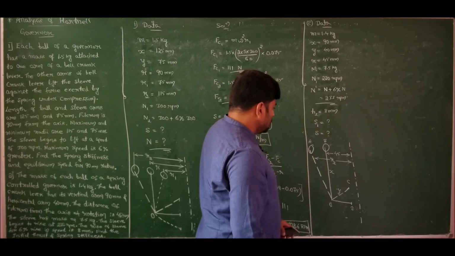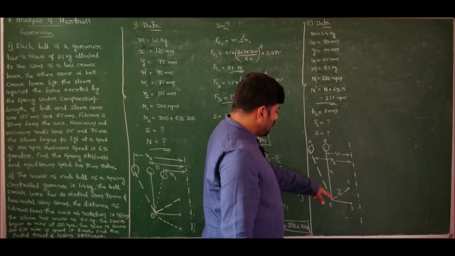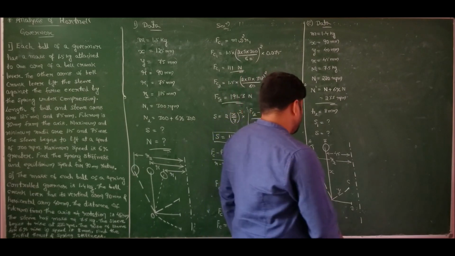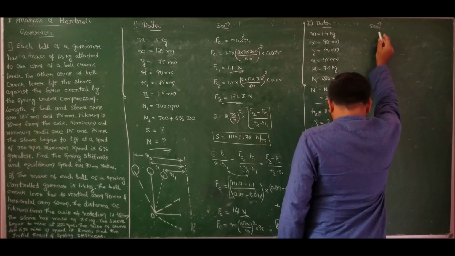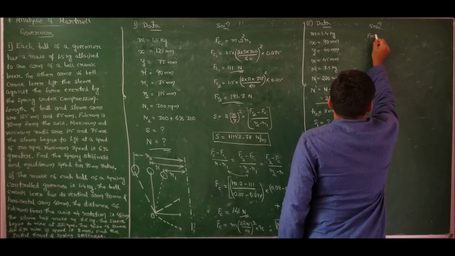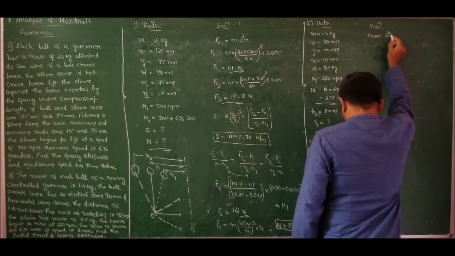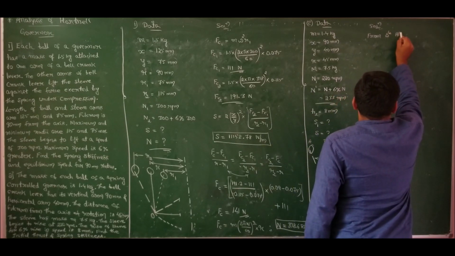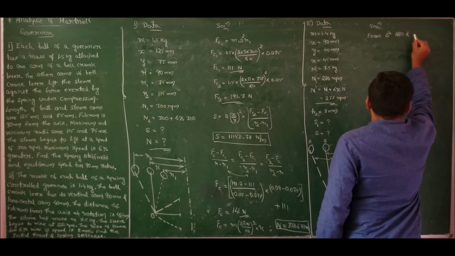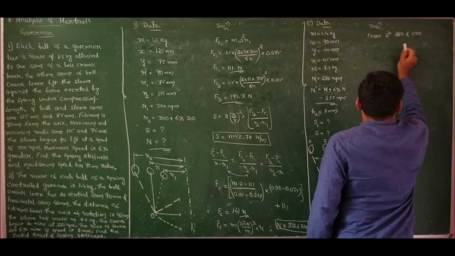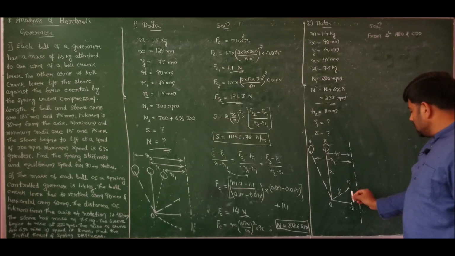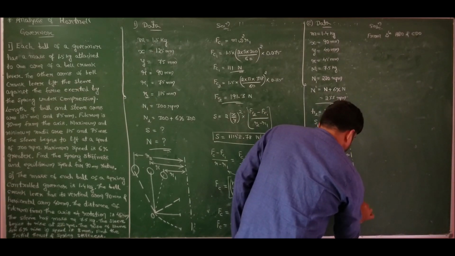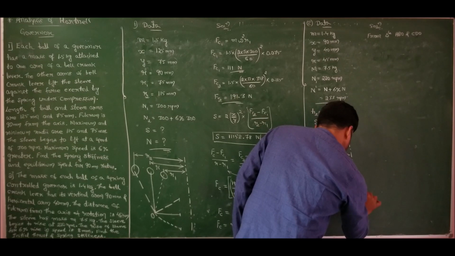Now these two are similar triangles, that is ABO and CDO. So if I move for solution from triangles ABO and CDO, we can write. This length is already known to me, 8 mm given in the question.